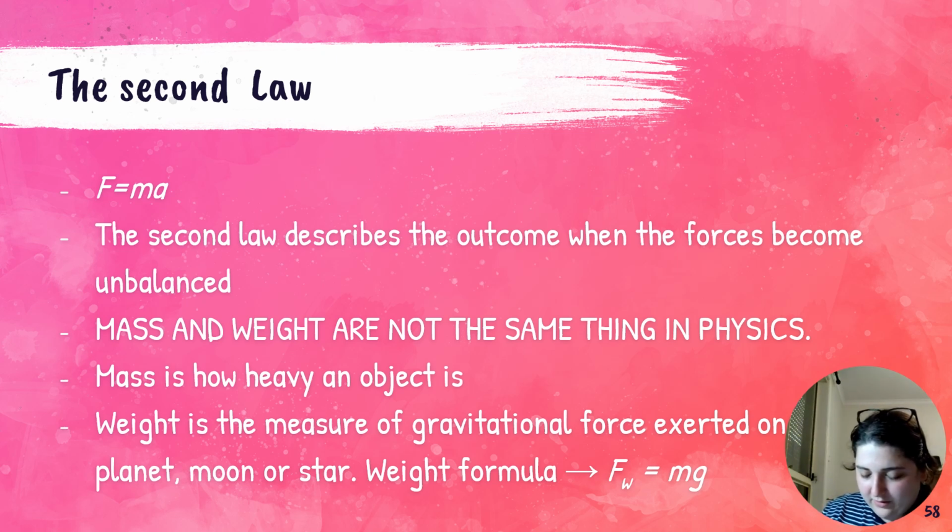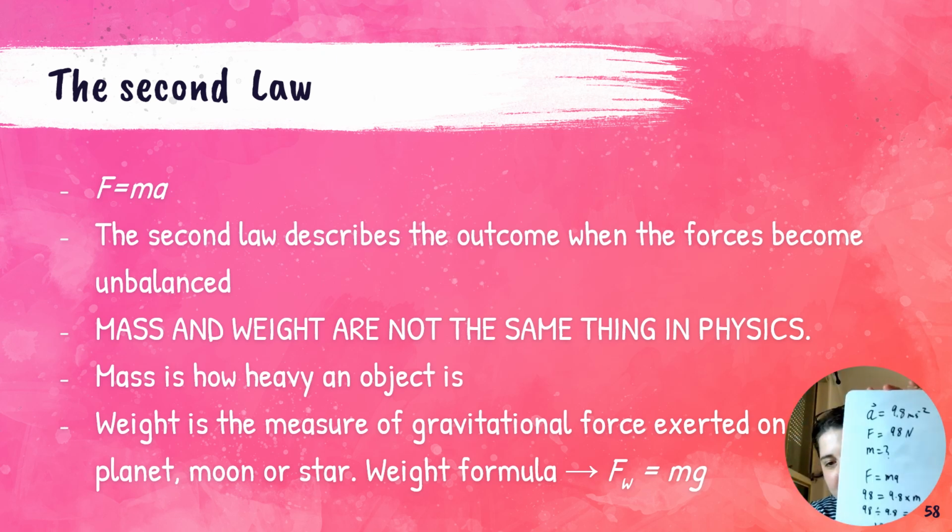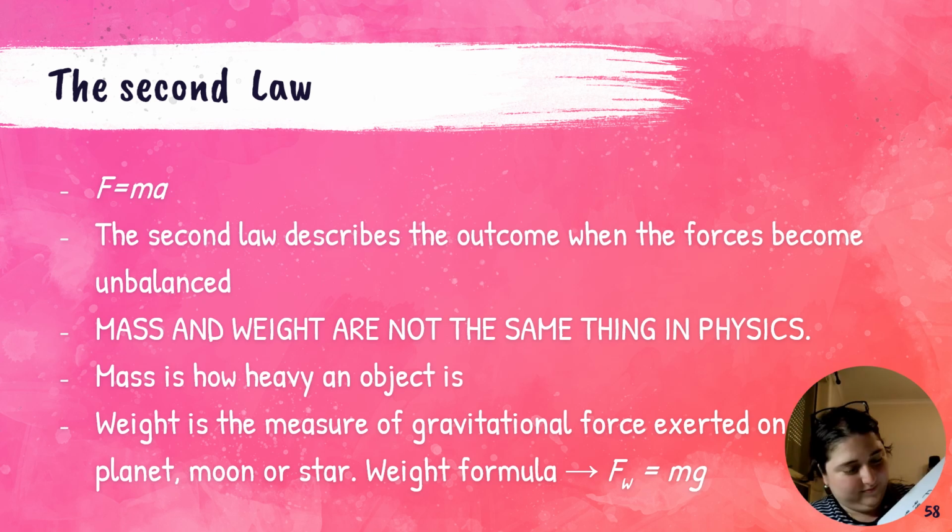You plug in your values. 98 equals 9.8 times m. 98 divided by 9.8 equals mass, which, if my brain has worked correctly, is 10 kg. Okay, so the mass would be 10 kilos. Yeah, there you go. You have the whole thing right there.